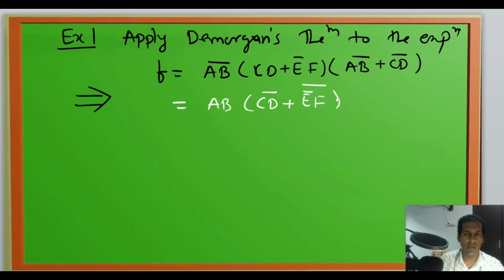Like this also we can write the complement, or here we can write AB double bar, that is nothing but AB, or we can also write CD double bar.